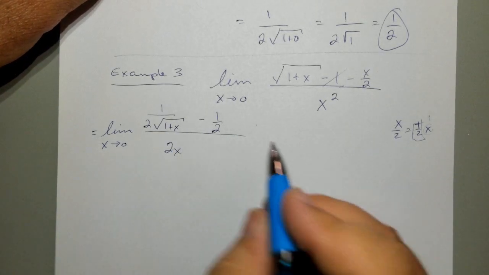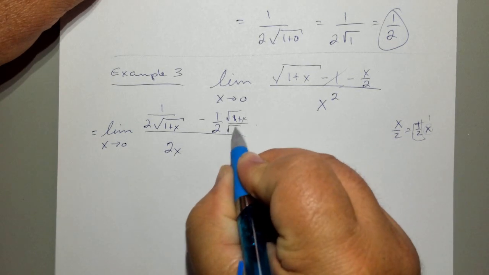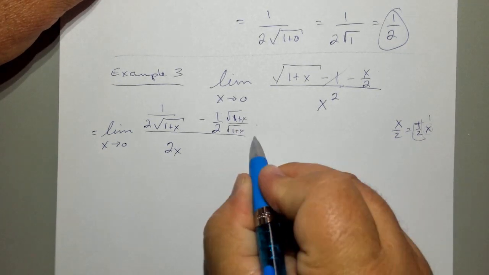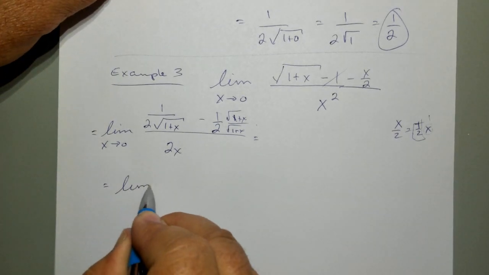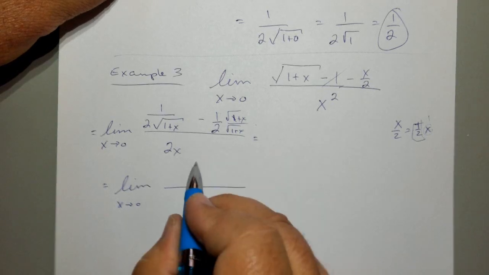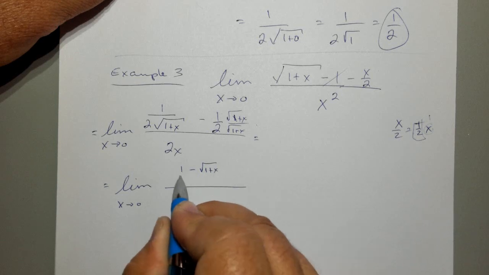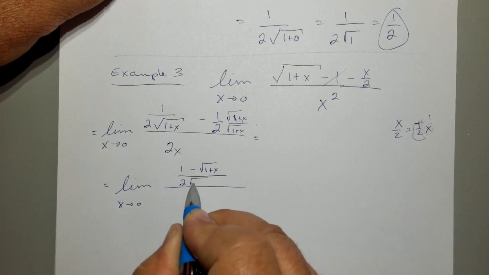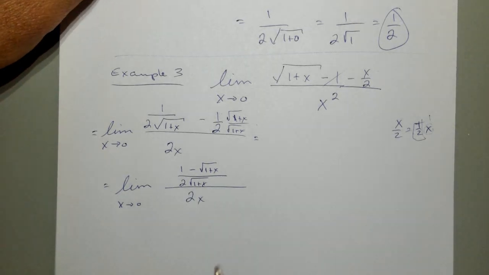Find the 2 on top, so we need radical 1 plus x over radical 1 plus x. Limit as x approaches 0 of 1 minus radical 1 plus x over 2 radical 1 plus x, over 2x.